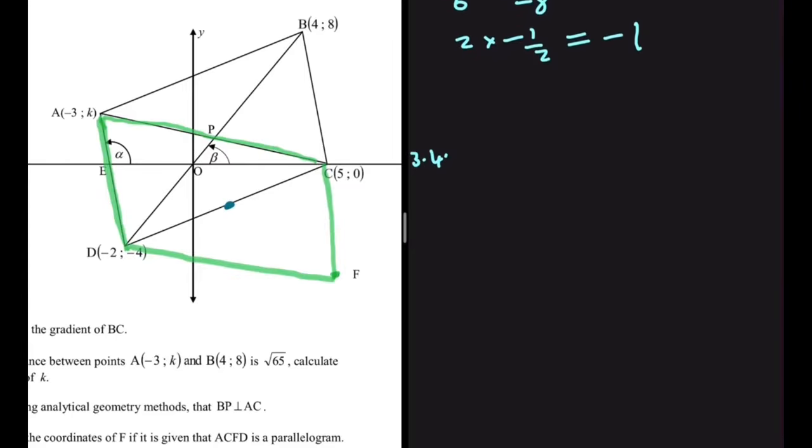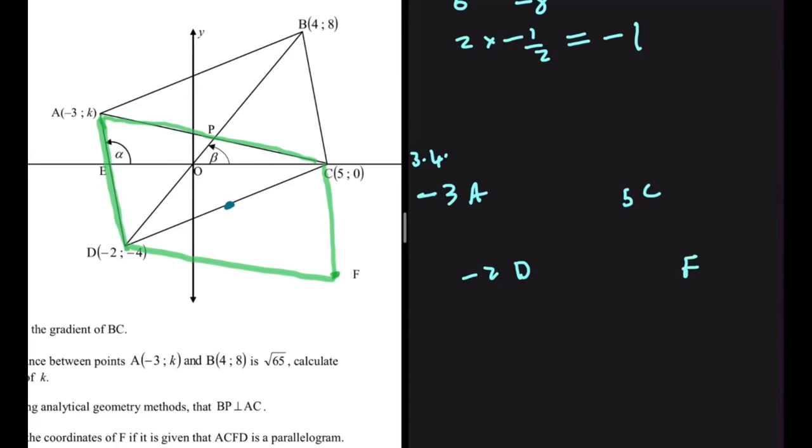So let's look at the x value of A. The x value of A is minus 3, and the x value of D is minus 2, and then the x value of C is 5. What will be the x value of F?